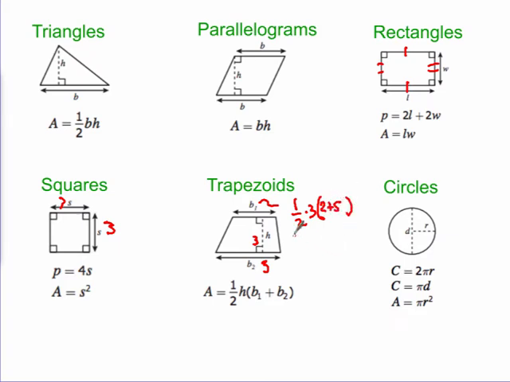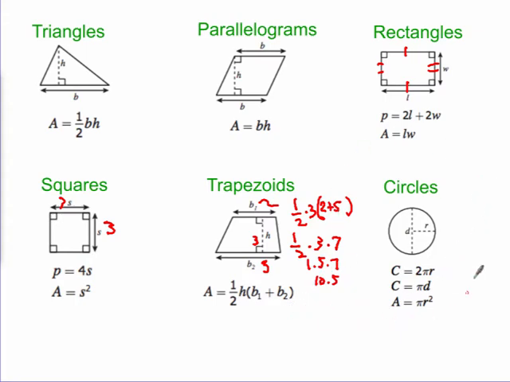If we work out the order of operations, that's 1/2 times 3 times 7. Okay, so that's 1.5 times 7, which is 10.5 is the area. So it's just we add the 2 parallel sides, multiply them by the height, and then divide by 2, or multiply by half.